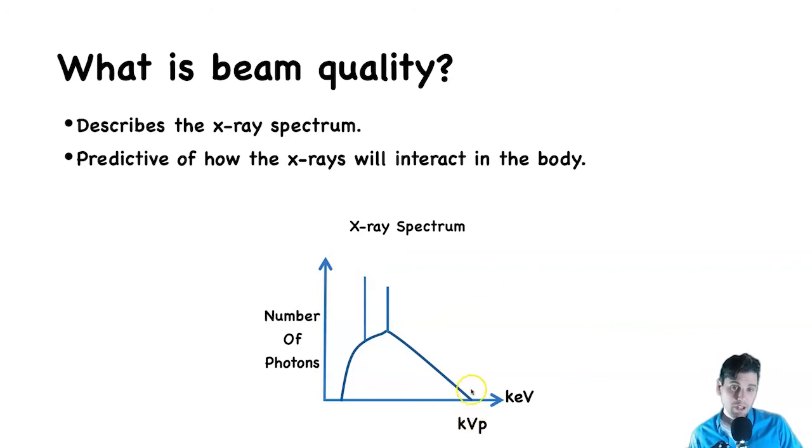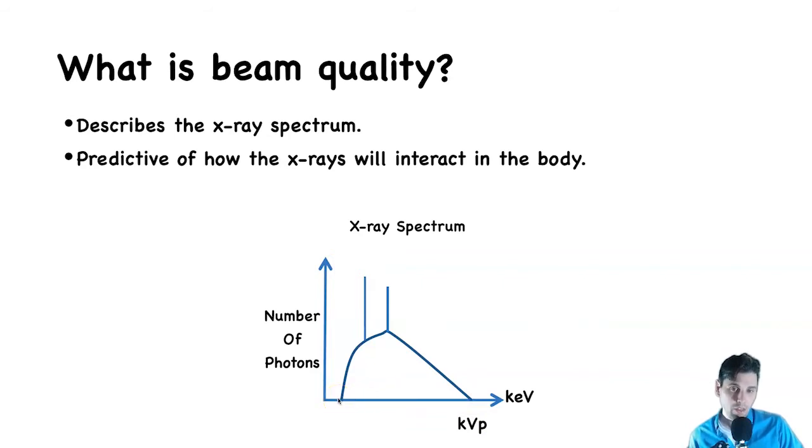The highest energy is called the kVp, the kilovolt potential, and we have other videos where we talk about how the X-ray tube actually works itself, but here we're going to talk about just the beam quality issues, and X-rays are going to have different energies from the kVp all the way down to 0, potentially.